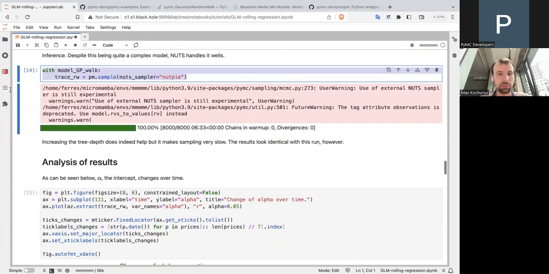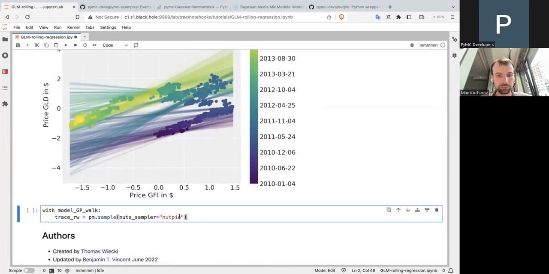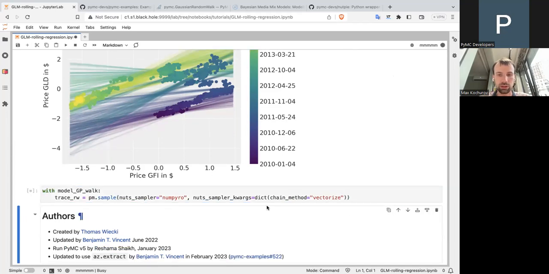Let's do the final comparison with JAX. That would be an entire sample. So we vectorize the computational graph and try to sample.